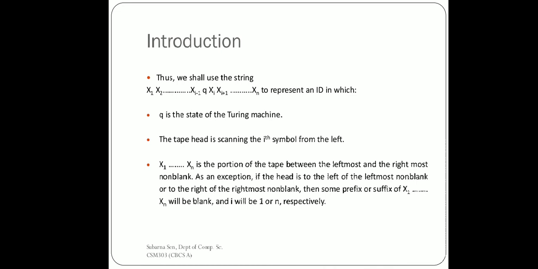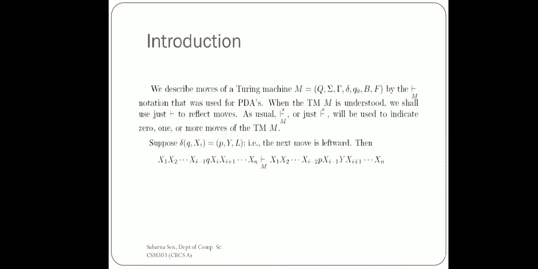This is the fashion we will use to depict where the tape head is right now, where the finite control is positioned, and we will depict it in this manner.